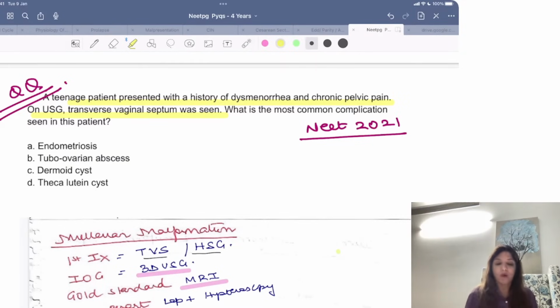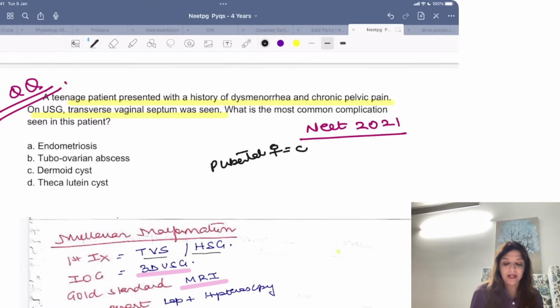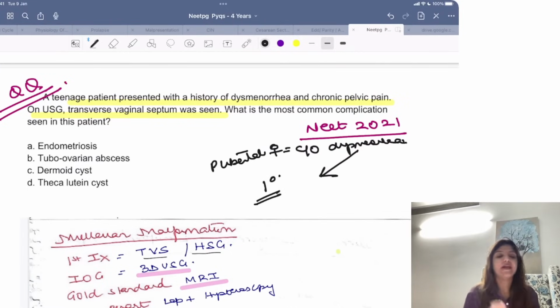Please remember, whenever a pubertal female is complaining of dysmenorrhea, right? Most of the times this dysmenorrhea is primary dysmenorrhea. It is not associated with any pelvic pathology, right?